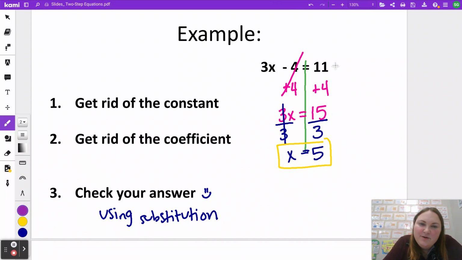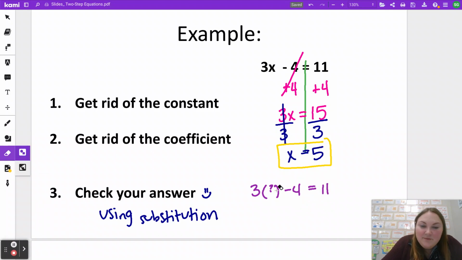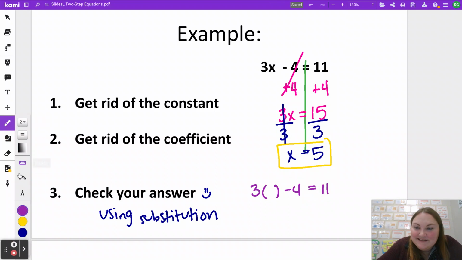So remember, we wrote this equation saying 3 times some number. We didn't know what that number was, which is why we called it x. 3 times some number minus 4, we know gives us 11. Well, we think we know what that number is now, so I could replace x with what I think it is. I think it is the number 5.